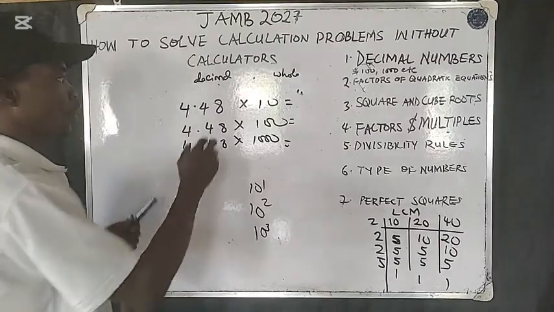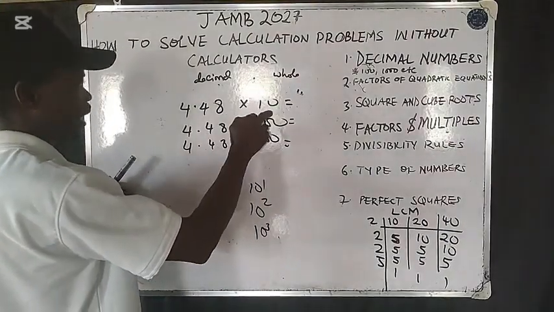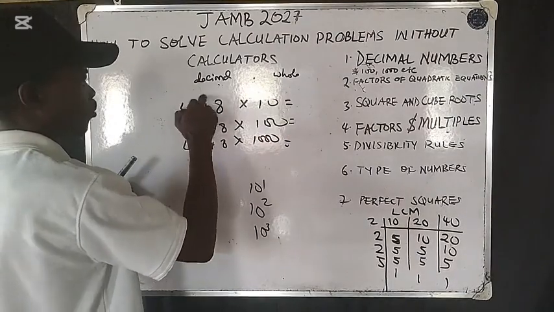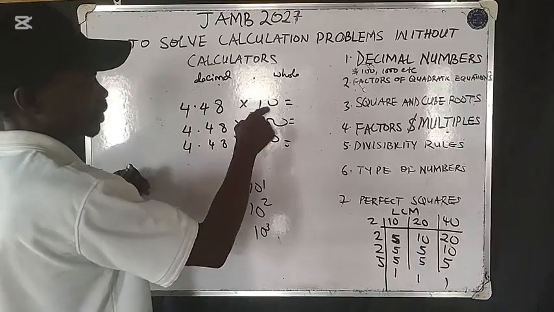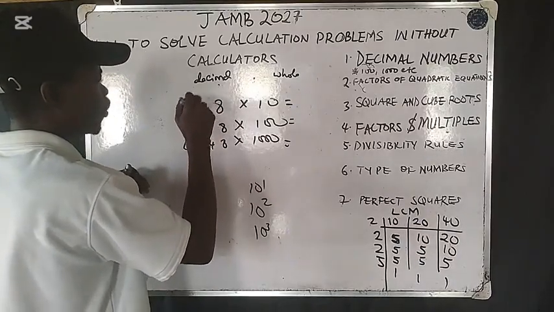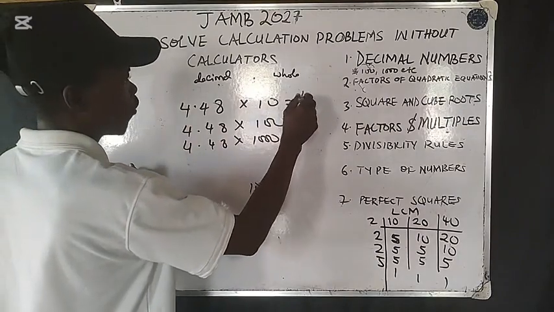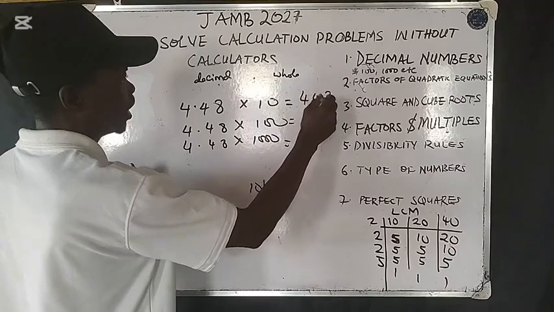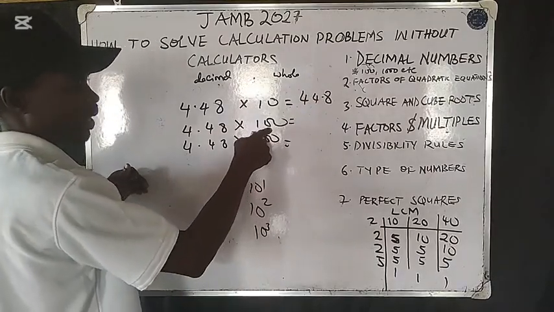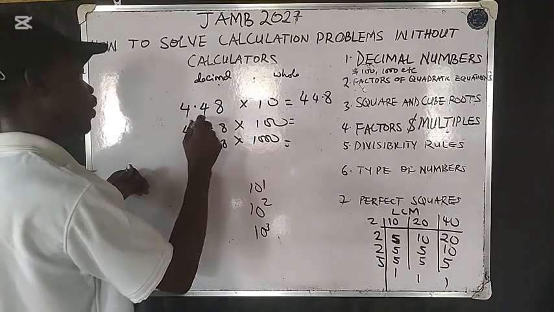Is that okay? So if you look at this one, multiply by 10. Move the decimal to here. How many times? 10 has 1 zero, right? So the decimal will come here. Move it one time. It becomes 4.8, right? Here, 100 has 2 zeros. Am I right? Move it 2 times, 1, 2.